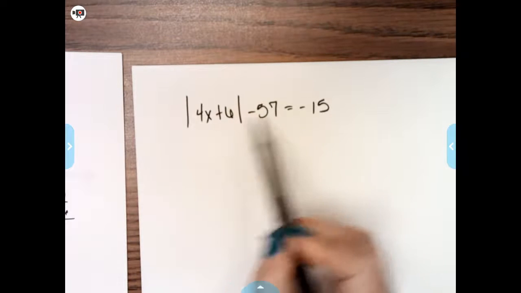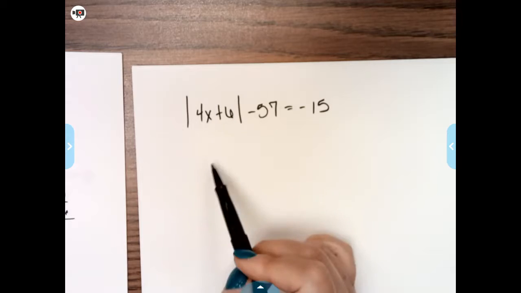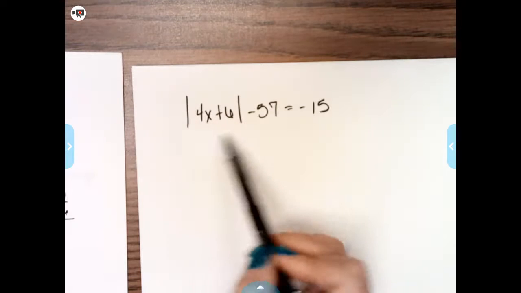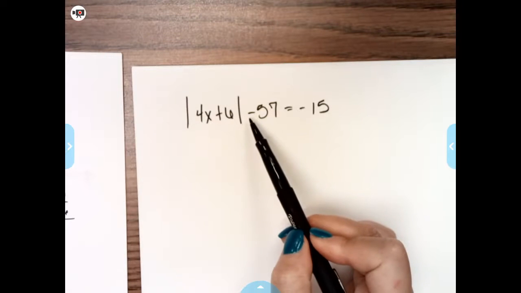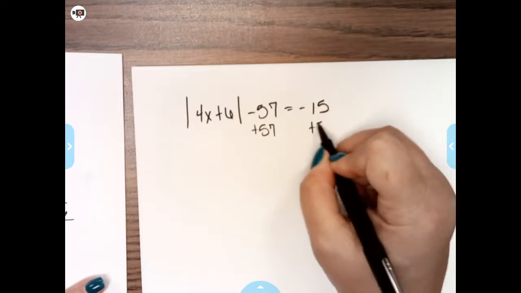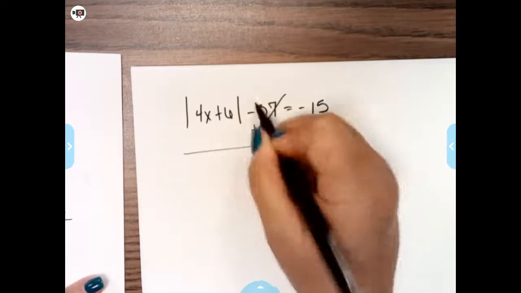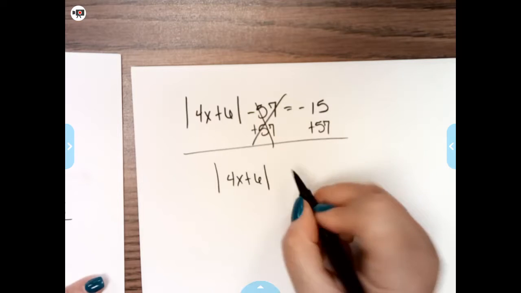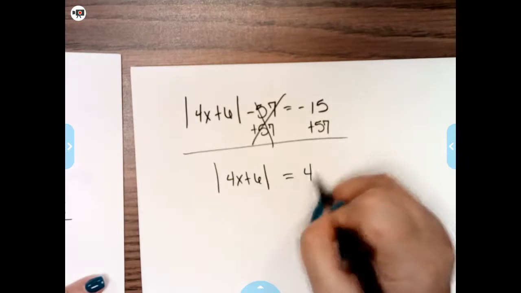It needs to be moved, because before we can set our two possible equations, the absolute value has to be isolated. So since we have a minus 57 here, we need to add it to the other side. So those are gone. Now we're left with what we want, an isolated absolute value, and that'll be 42.